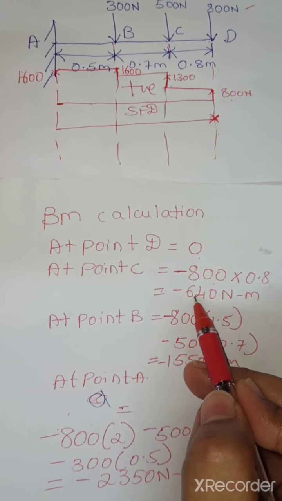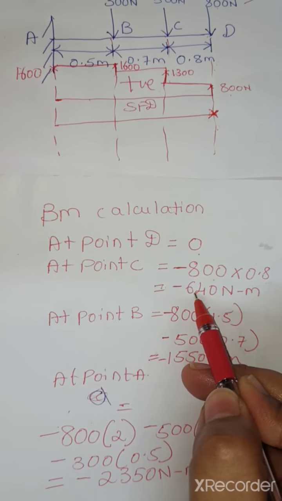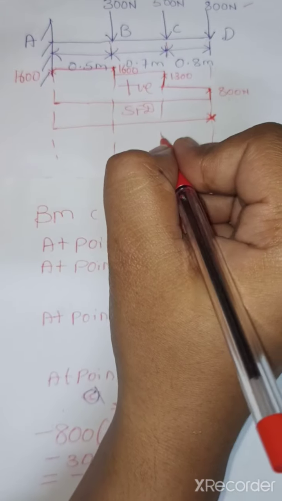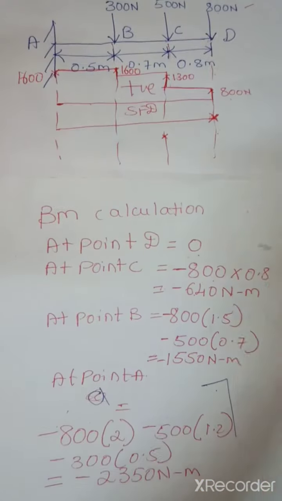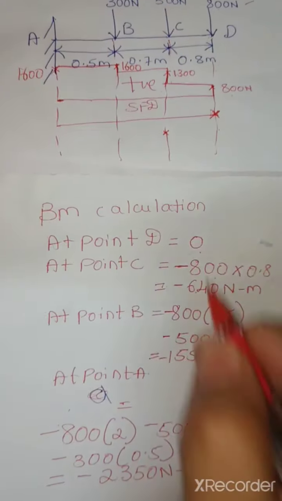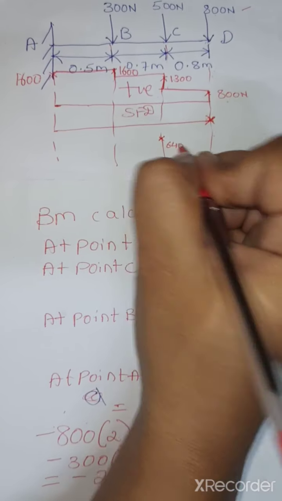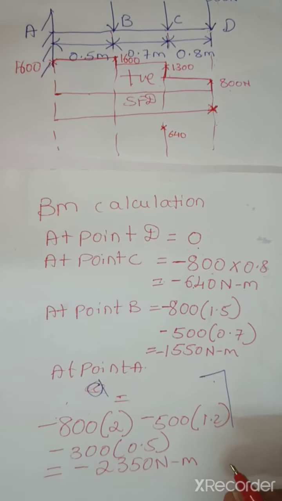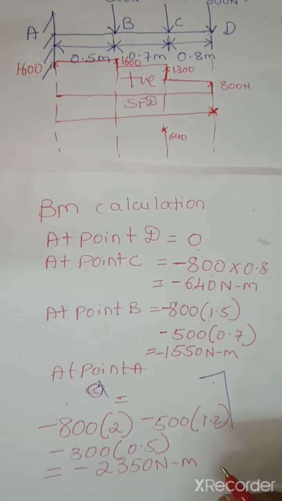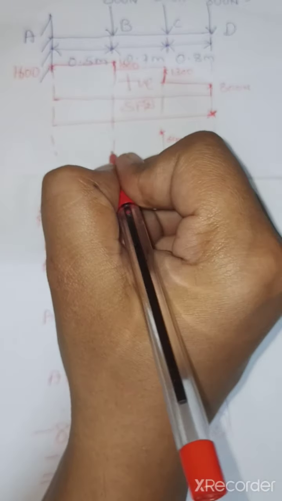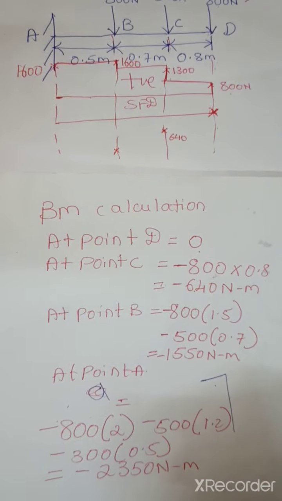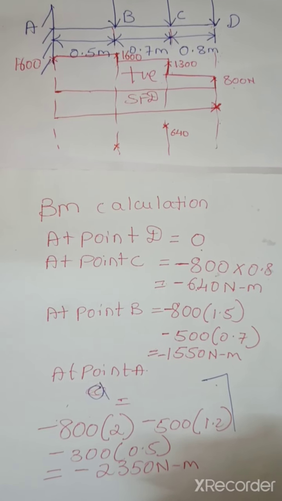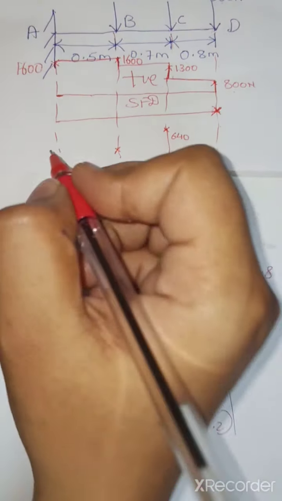At point C I have 640 with a negative value. So this is somewhere here below, and then mark it as 640. And then exactly at point B I have 1550, which is still more below. And then exactly at point A I have 2350.